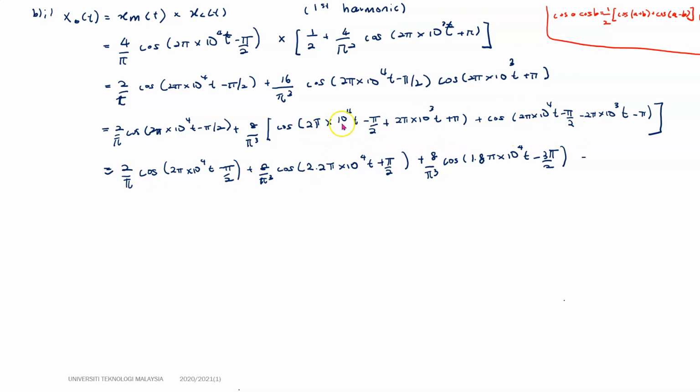Basically, you just add together the omega terms, the ones with the t, and then add together the phase. For this one, the phase negative pi over 2 plus pi becomes pi over 2, and for this one, negative pi over 2 minus pi becomes negative 3 pi over 2. Negative 3 pi over 2 is actually the same as pi over 2, so we can also change this to plus pi over 2, to make the phase the same as this.